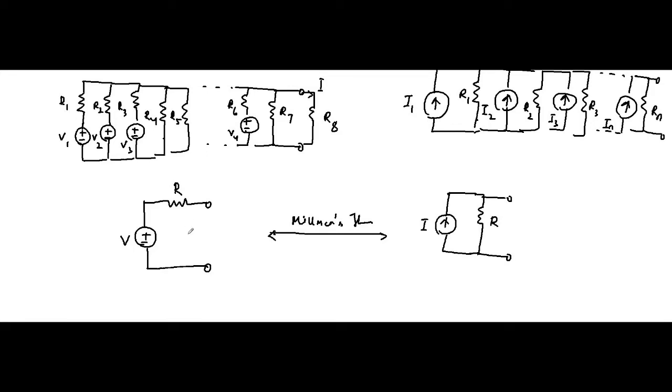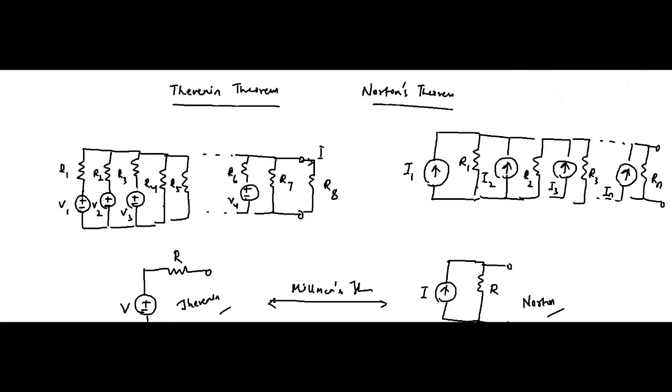If you remember, this is the Thevenin equivalent circuit, the Thevenin representation. This is the Norton representation. If you watch all of these circuits closely, each of these voltage sources with resistors connected in series is a Thevenin representation: a voltage source connected in series with a resistor like this.